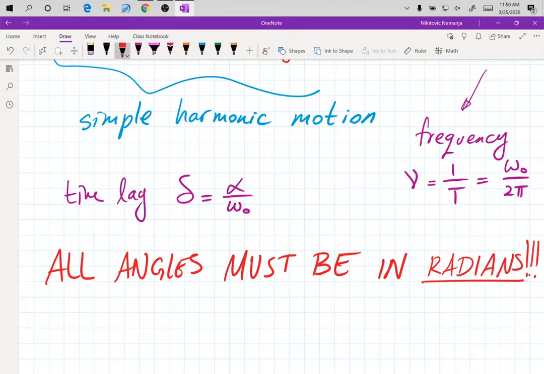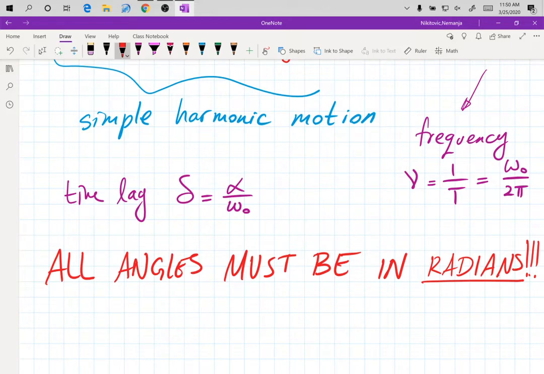You also know that if you try to graph something in your calculator and you leave your calculator in degrees mode, you don't get to see the graph because the scale is not done properly. So all of the graphing in mathematics is done in radians. All of the formulas that contain angles in mathematics are done in radians.